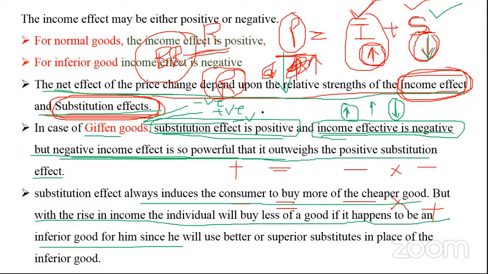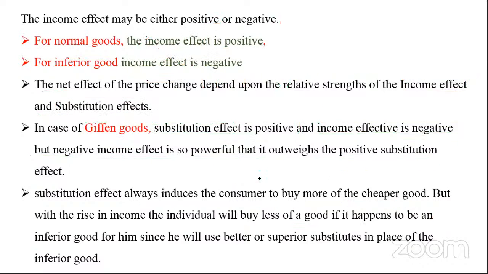Remember, in the National Testing Agency, most of the questions are given as assertion-reason. If the assertion is that the given goods' price effect is negative, and the reason is that the income effect is more powerful than the substitution effect, then we say yes, the assertion is right, the reason is also right, so both are correct. The given goods' price effect is negative because the income effect plays the major role. The strength between them is important.